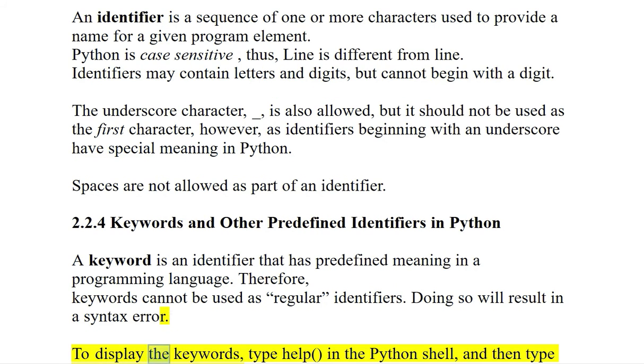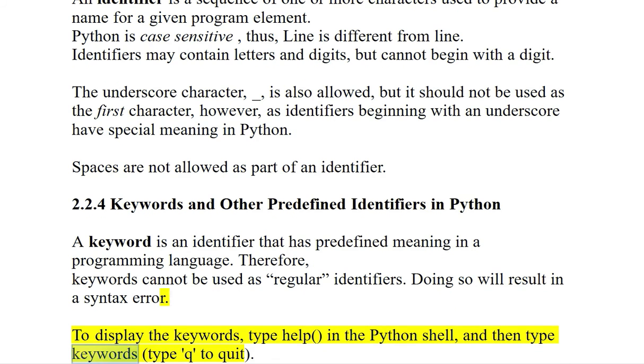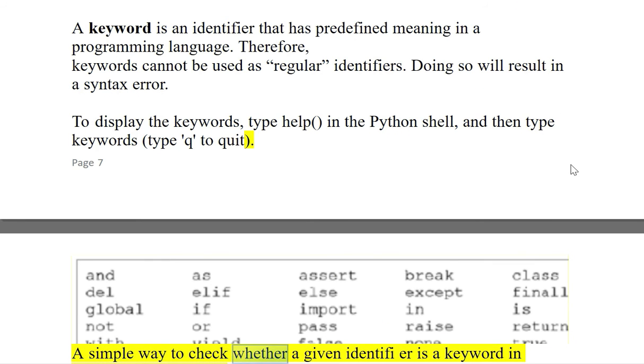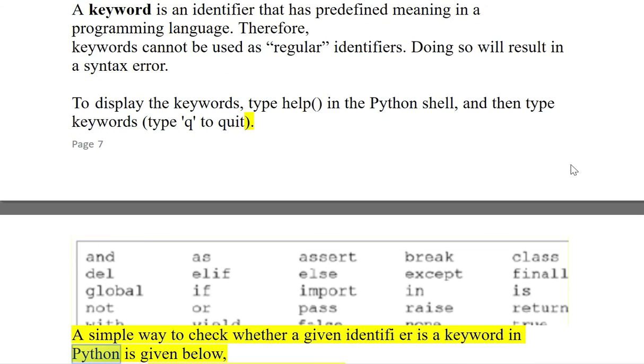To display the keywords, type help in the Python shell, and then type keywords, type q to quit. A simple way to check whether a given identifier is a keyword in Python is given below.